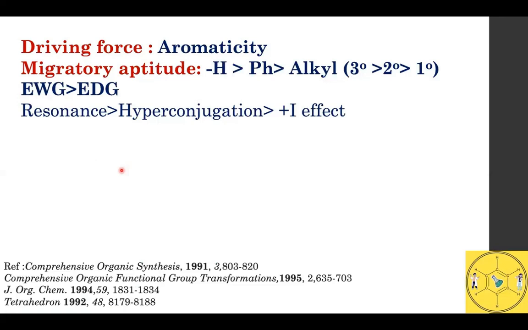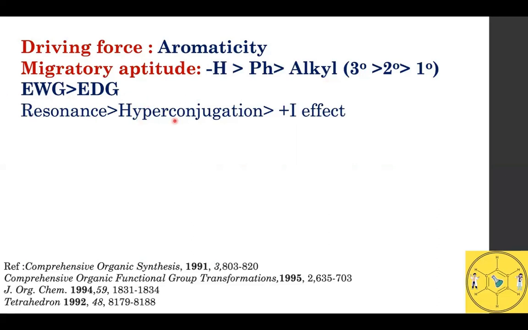The overall driving force for this Dienone-Phenol rearrangement is aromaticity. In terms of migratory aptitude, hydrogen has more priority than phenyl as well as alkyl. In the case of alkyl, tertiary alkyl gets more priority, followed by secondary and primary. From the electron withdrawing and electron donating group point of view, an electron withdrawing group gets more priority than an electron donating group.